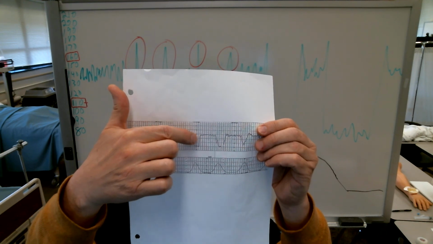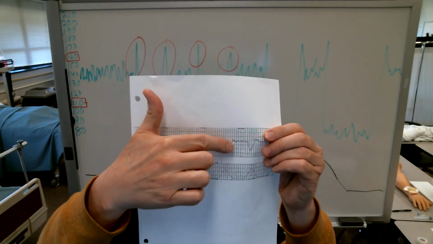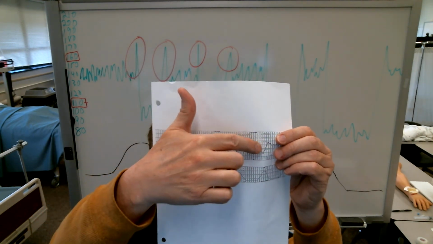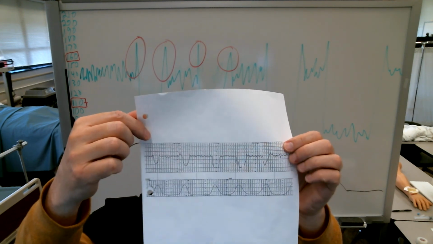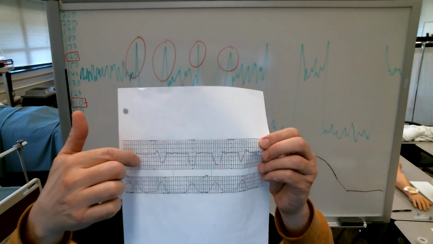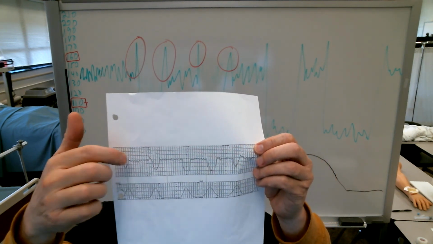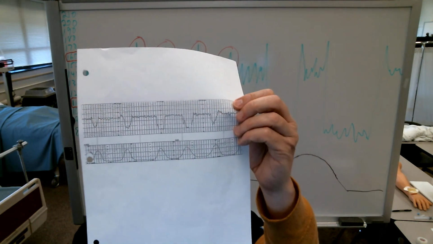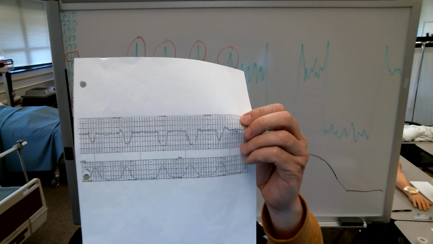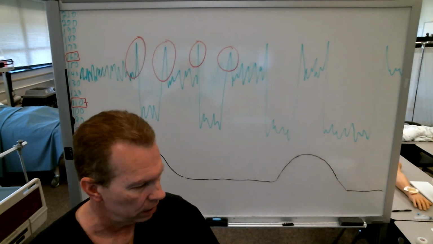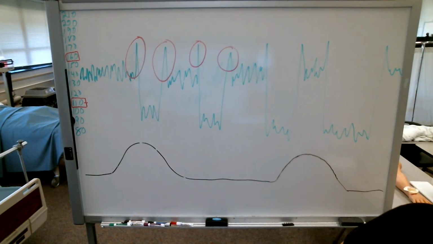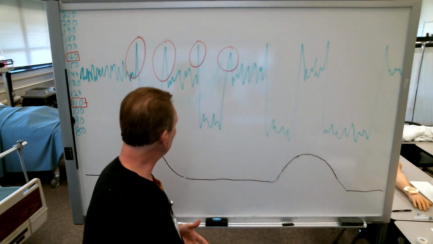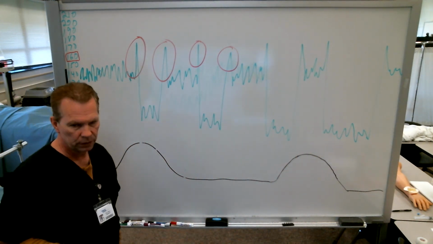This one didn't have shoulders, so that one didn't have any shoulders. That one had a little shoulder. Okay, this one over here had a shoulder. This one back here had a couple of little shoulders. So not always, but a lot of them do. And so you can tell that they're really deep peaked. So that's a good indication of variable decels. They just occur, variability just whenever, okay?